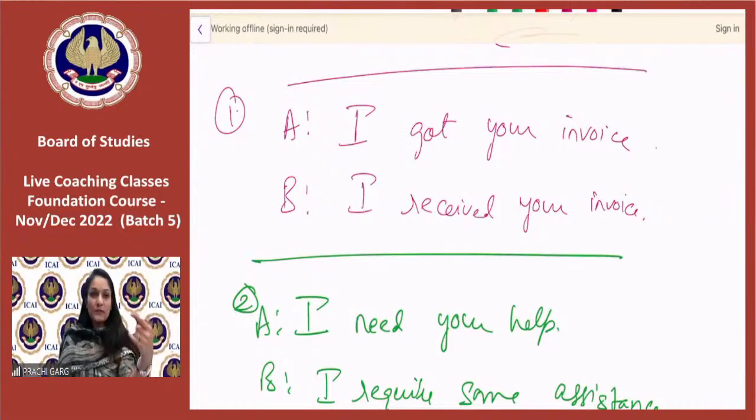But which one do you think is a general English statement and which one is a business English statement? Only in the statements written in pink, just tell me which is business English and which is general English.